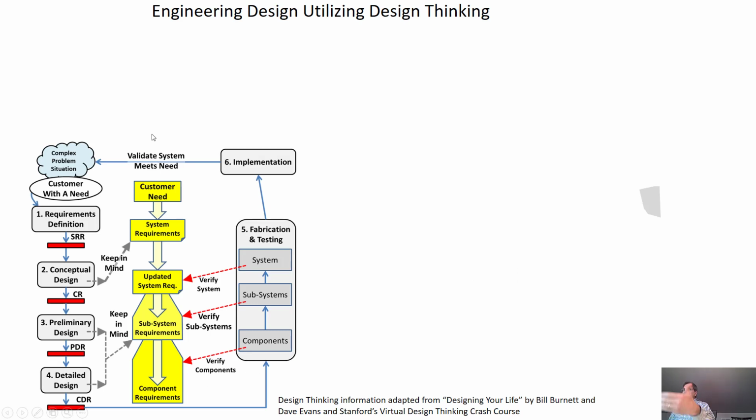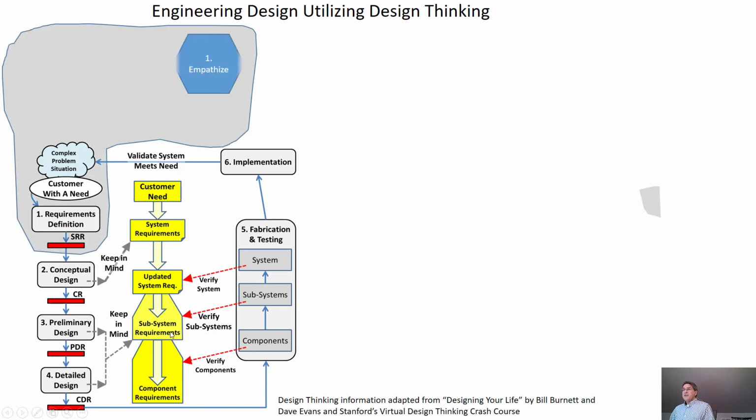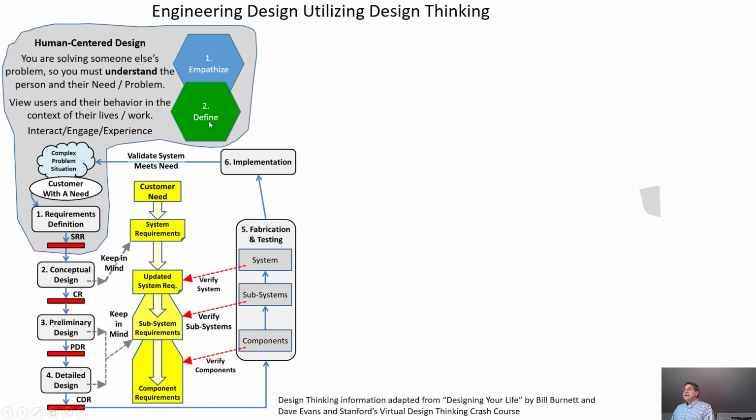So again, here's the typical engineering design process. The human-centered design, their first 2 steps are empathize and define. The whole idea is that you're solving someone else's problem. So you need to understand the person and their need. Engineering design, we typically would say you need to understand their need.